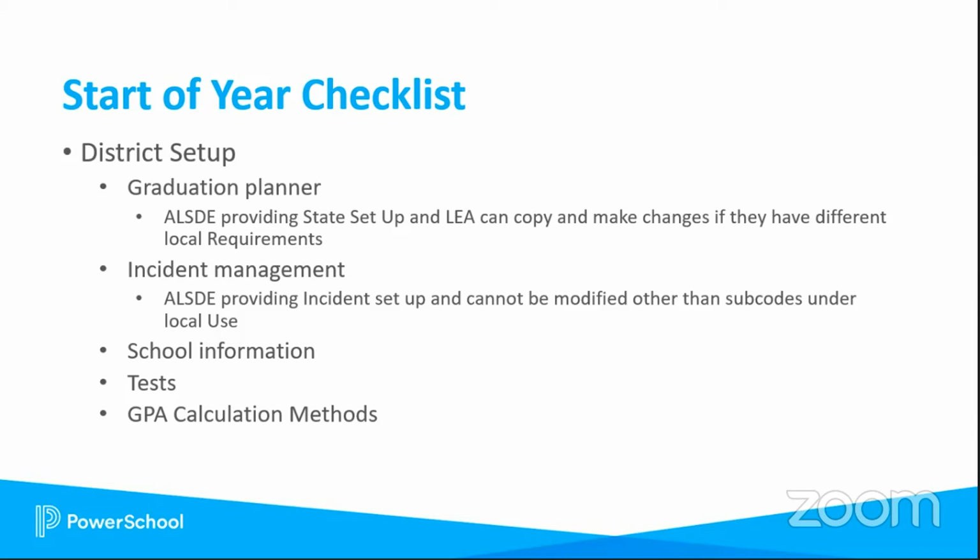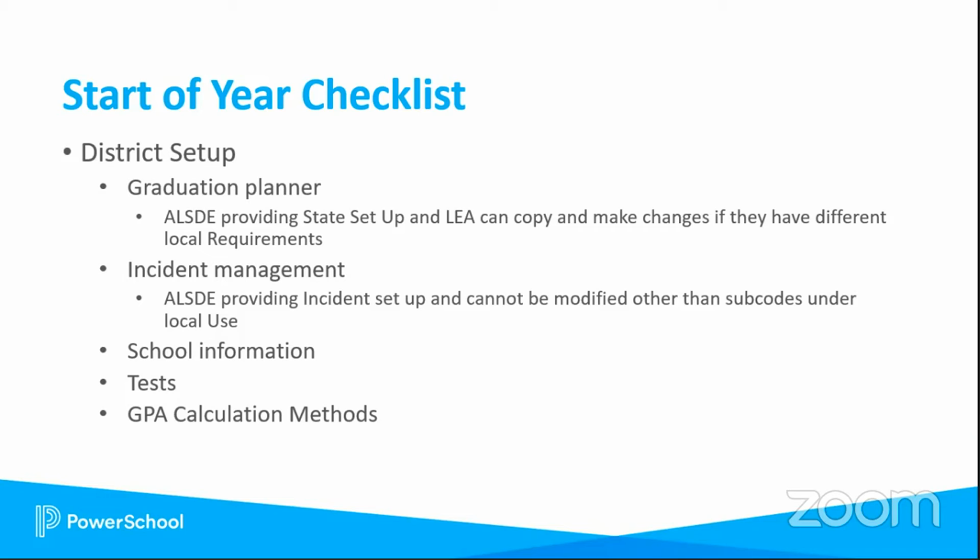So any LEA-specific codes need to be under the local use code, and then you can set up subcodes within that. Your application specialists have been working with you on getting that configured, and that will need to be configured to bring over the incident information from iNow that we're going to be starting to work on in the coming weeks.